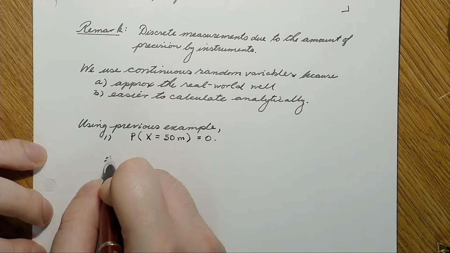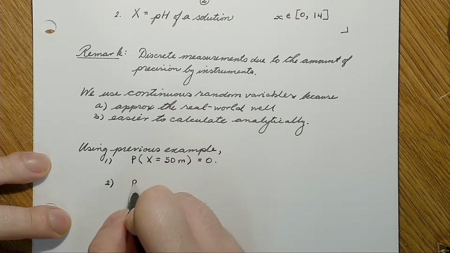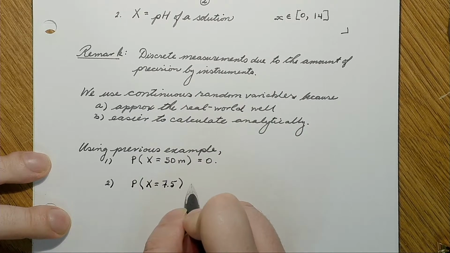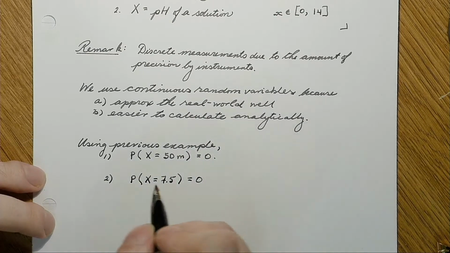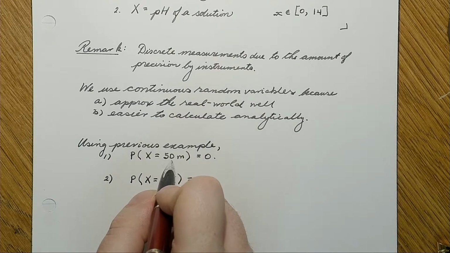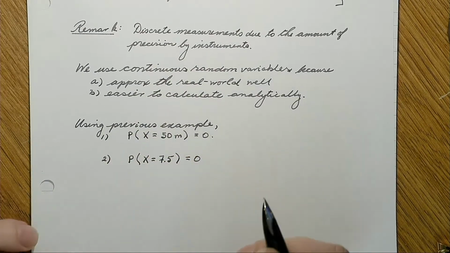And for number 2, if we thought about the pH of a solution, what's the probability that the pH equals 7.5? We know that would equal 0. So what we need to now think of is not points, like say 50 or 7.5, but instead intervals.